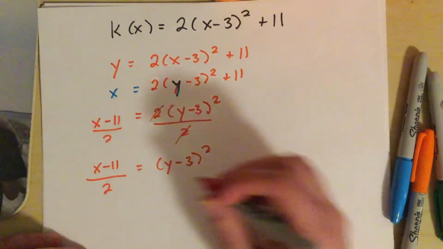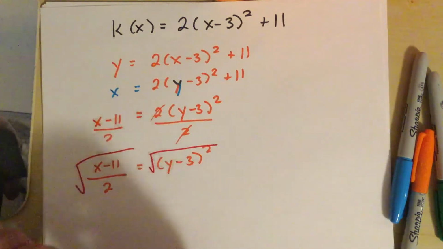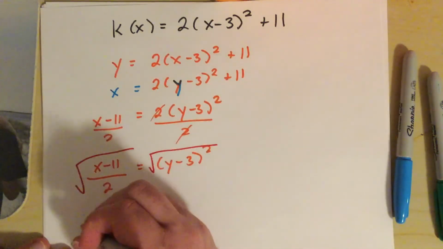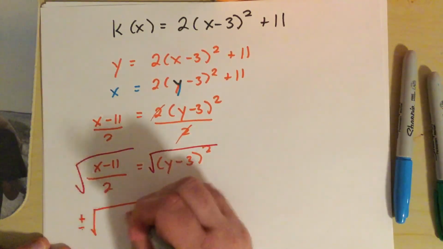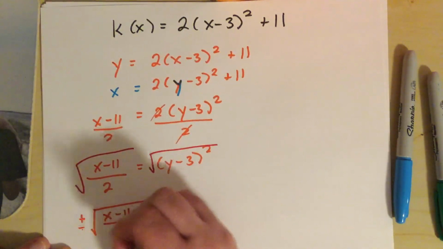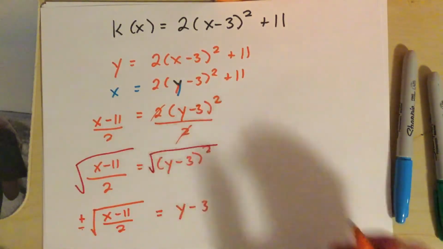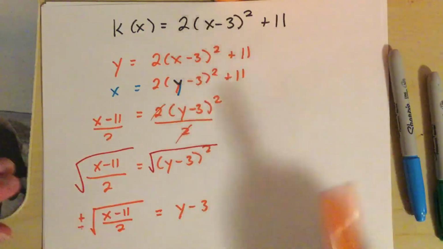Then we are going to square root both sides with a plus or minus. So we end up with plus or minus the square root of x minus 11 over 2 equals y minus 3. Then we bring the 3 over.